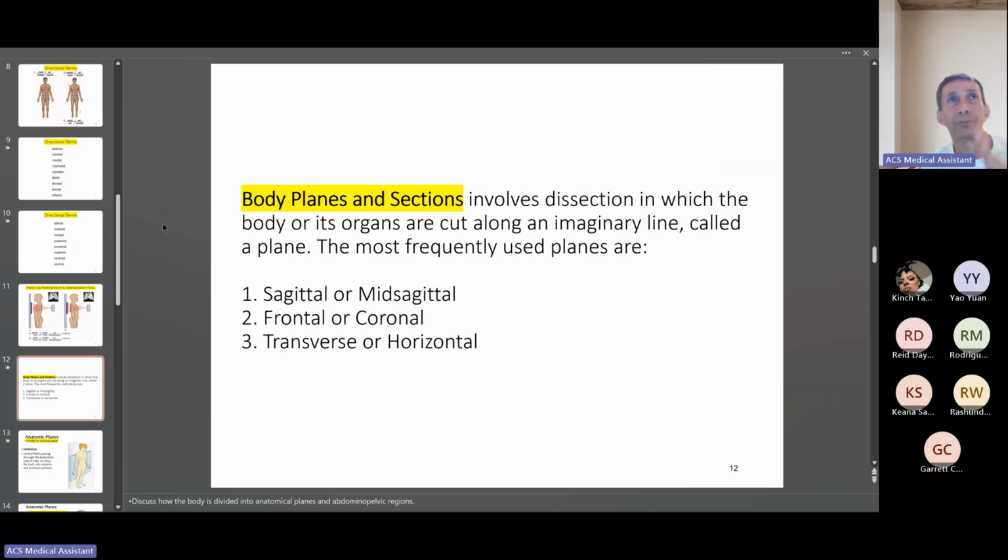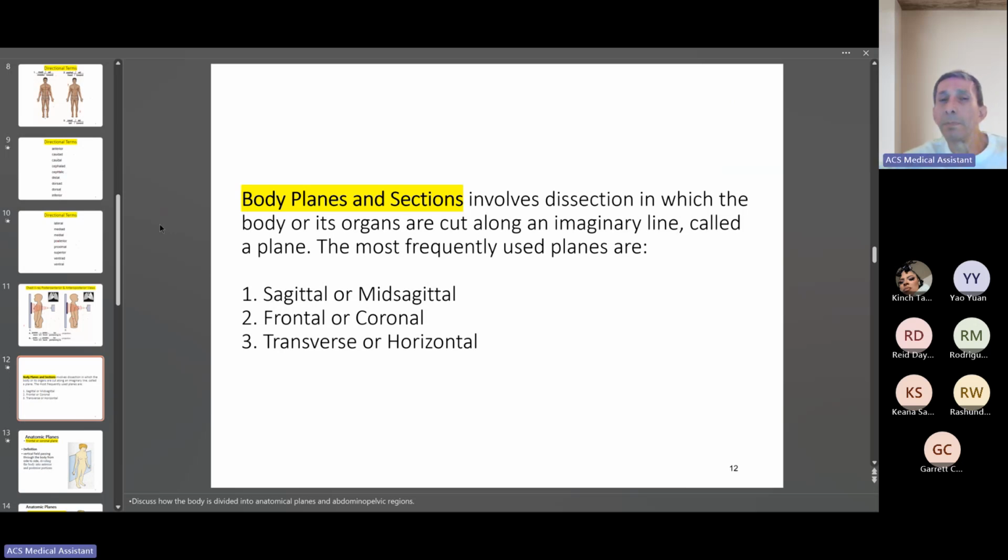So we draw imaginary lines that we call planes. That's how we do surgical procedures, repair certain structures or organs, because we follow directions.